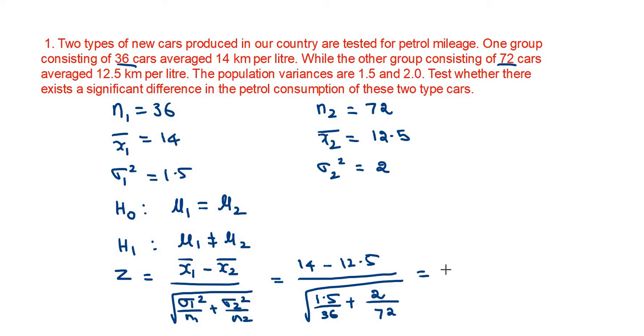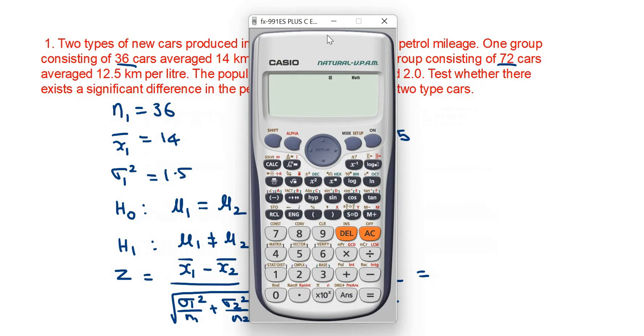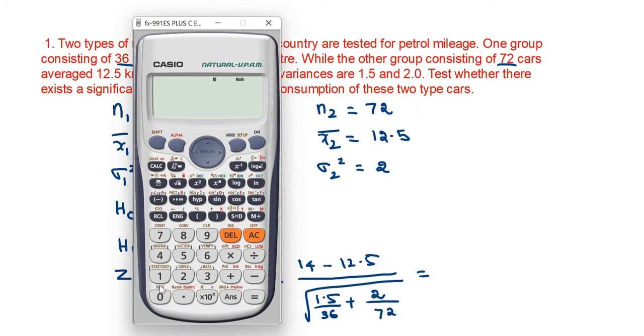Now we'll find the value. 14 minus 12.5, close the bracket, divided by square root of, put the bracket, 1.5 for the first term, open another bracket, 1.5 divided by 36, close the bracket for the first term, plus the second term.